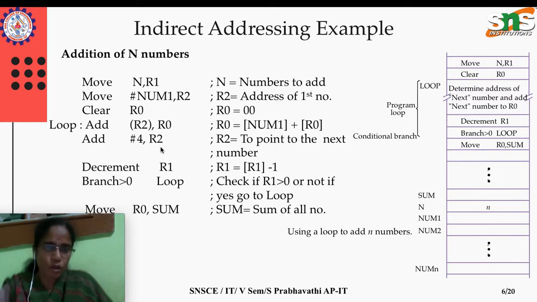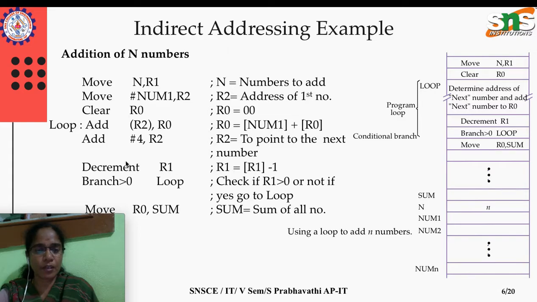If the length of the word is 4 bytes, we need to increment by 4 bytes. Then r2 will hold the address of the next operand, and we decrement the total count, initially 3, now 2. Then we check whether r1 reaches 0 or not.